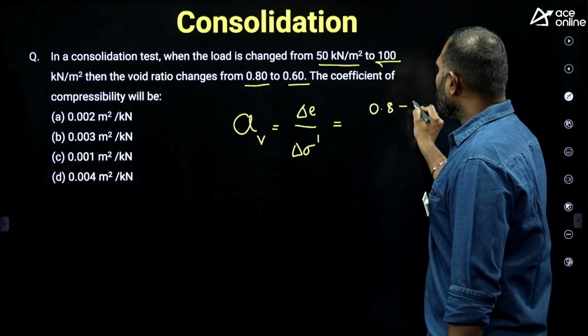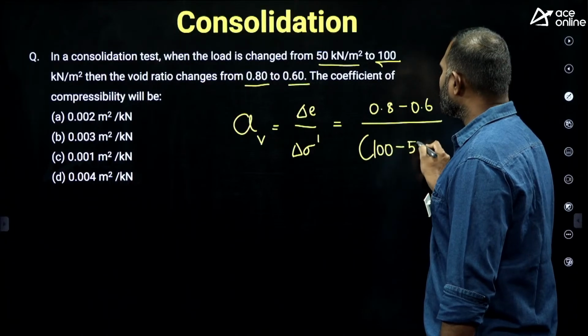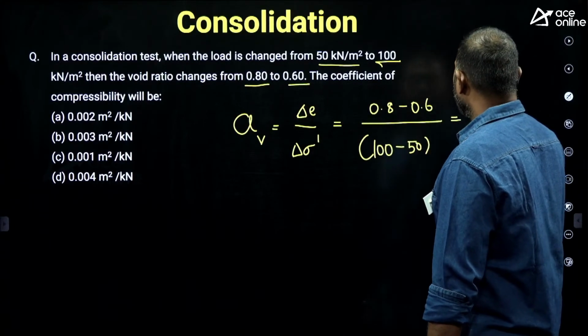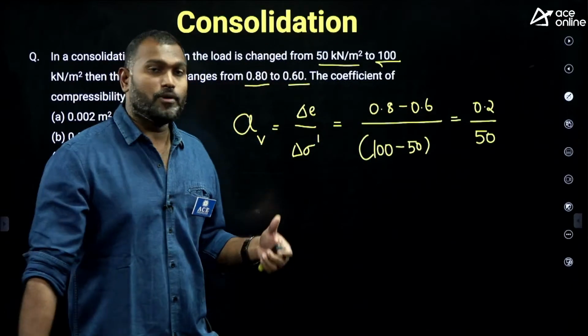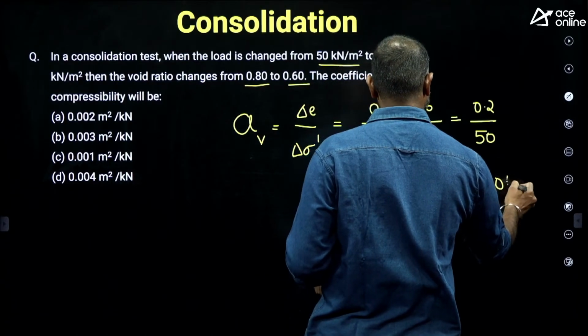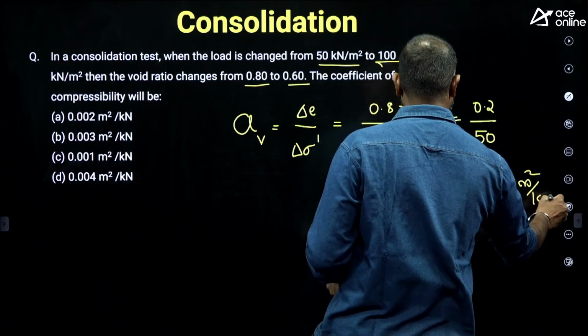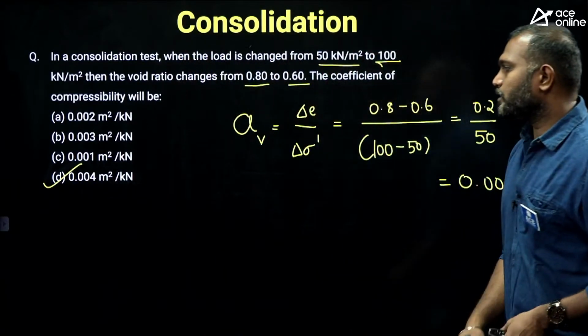Delta e is 0.8 minus 0.6, by 100 minus 50. So which is 0.2 by 50. If you solve it, that's going to be 0.004 meter square per kilonewton. The correct answer is option D.